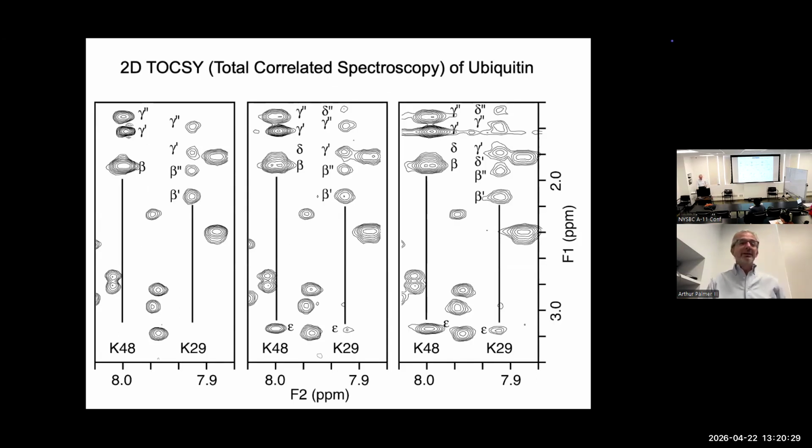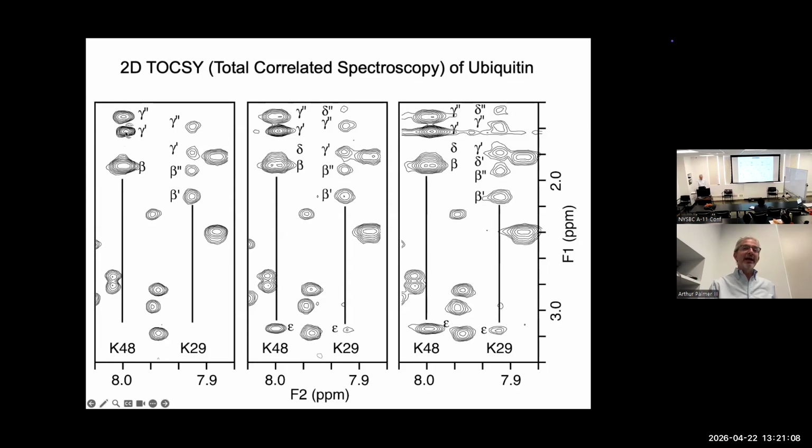So here's an example for some lysines, and the mixing time is unfortunately not indicated here, but it's probably 45, 70, and then 100 and something milliseconds in ubiquitin. And you can see in the left panel, you get a transfer from the amide of K48 out to the beta, and you kind of zip through the alpha already.